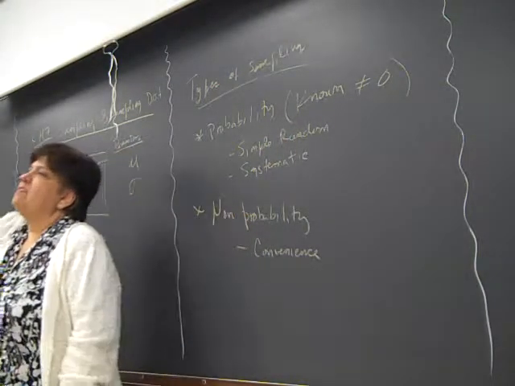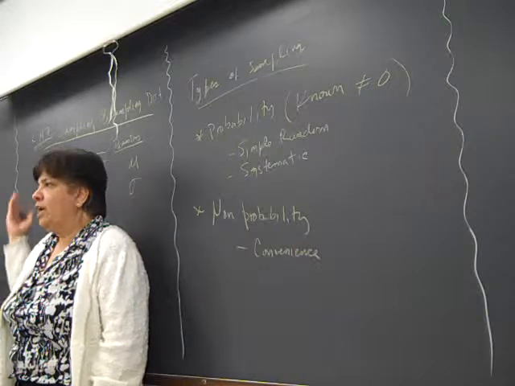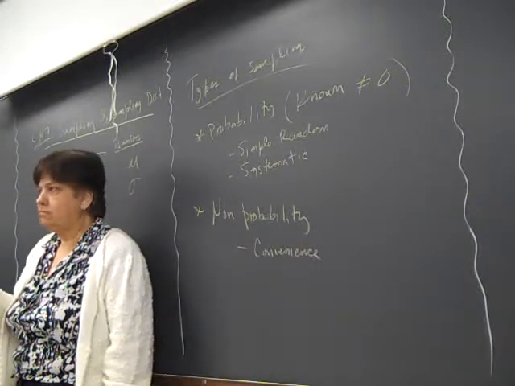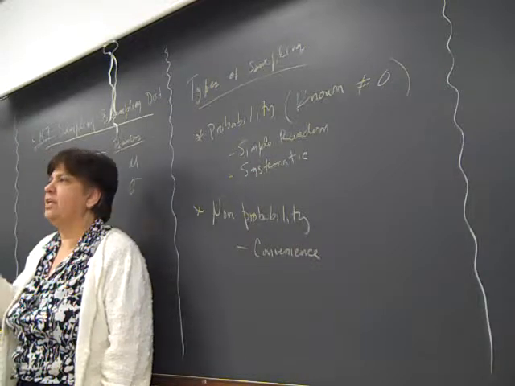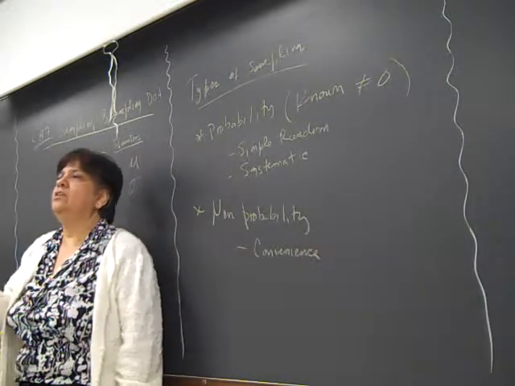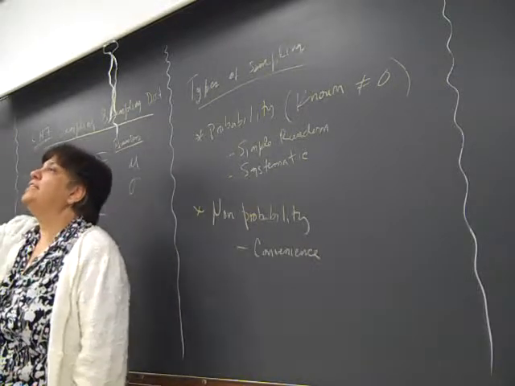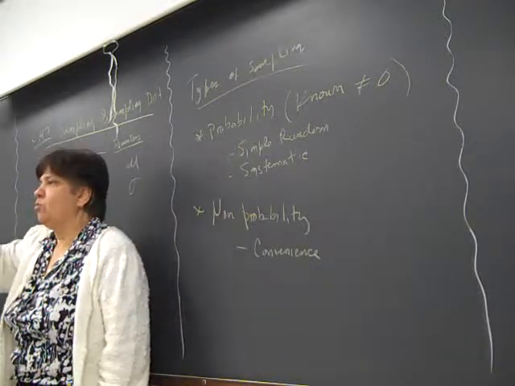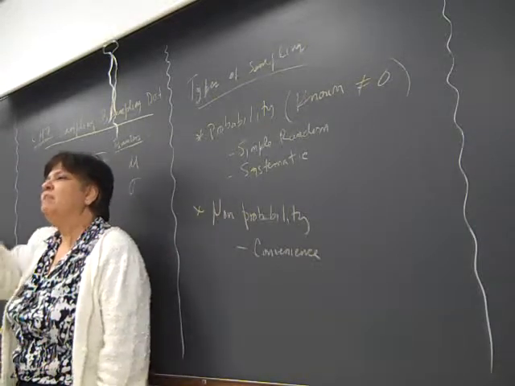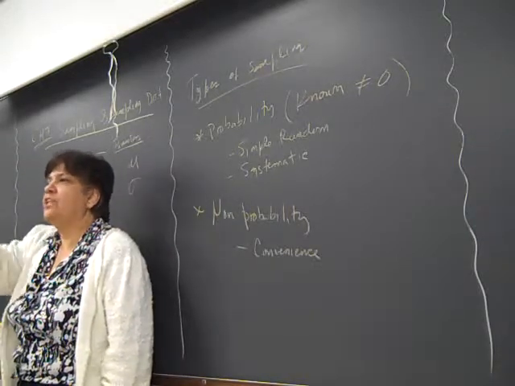The other is systematic. In the systematic, I have a list of all the elements in my population, and let's say that I have 1,000 elements in my population, and I need 100. What am I going to do? I'm going to skip 9 and get 1, skip 9 and get 1 from that list. So you skip the number of elements and then you select 1.